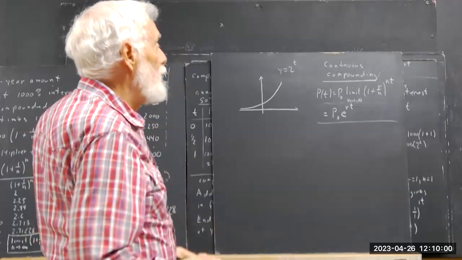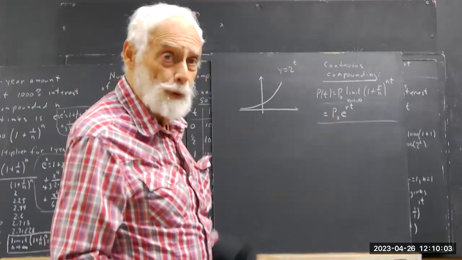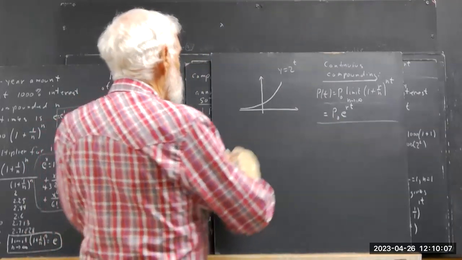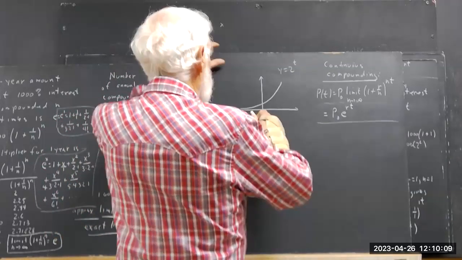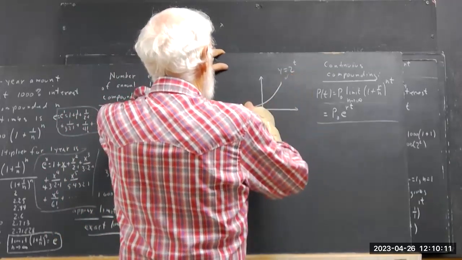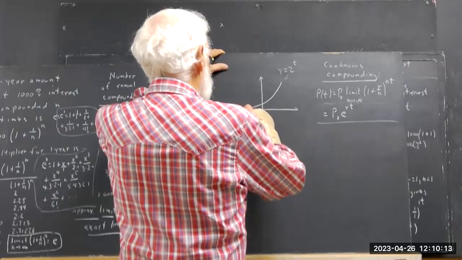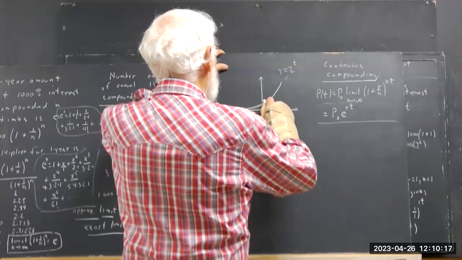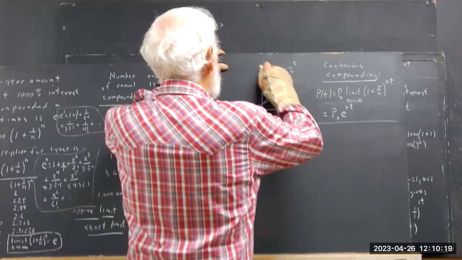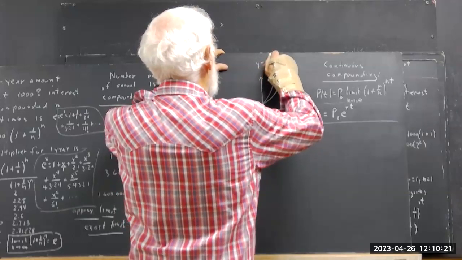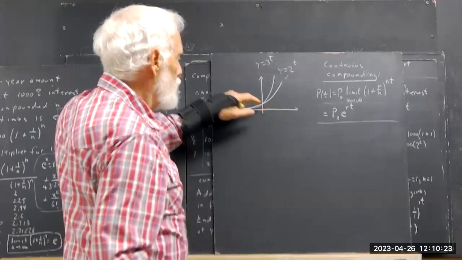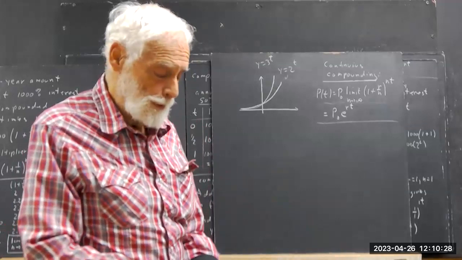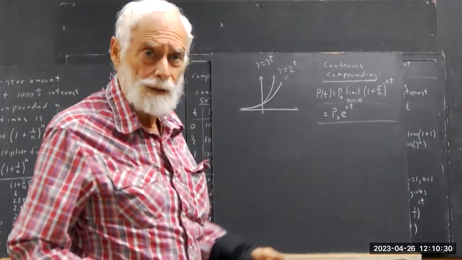Y equals e to the t. Well, e is between 2 and 3. So y equals 3 to the t would actually start lower over here on the left, but then it would go up higher. So y equals 3 to the t just gets steeper than y equals 2 to the t, and I didn't draw that quite. It got a little too steep to get there.